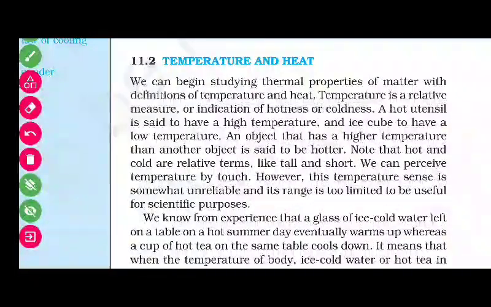Okay, so again it's very clear. Or we can say it the opposite way: if there is a hot body, definitely its temperature is higher. Note that hot and cold are relative terms, like tall and short.